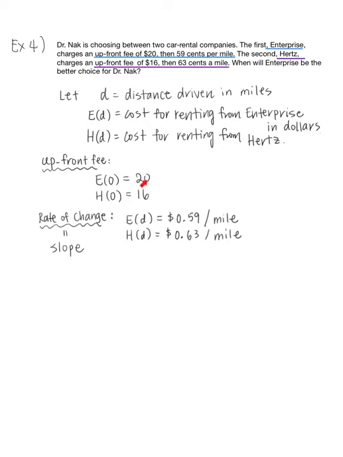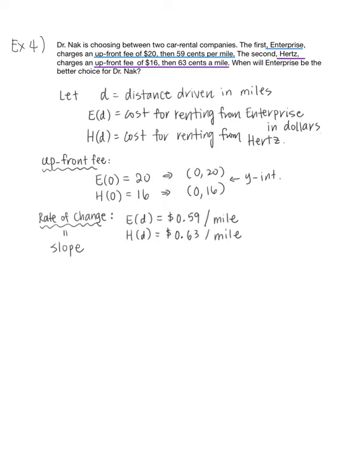So in terms of an ordered pair, this is the same thing as (0, 20), which is nothing but your y-intercept. And same thing here: this translates to when x is 0, but in this case it's D, because D is going to play the role of the x-axis. But anyway, we're going to have (0, 16). So these are the y-intercepts for the two equations of the lines that we're about to find.